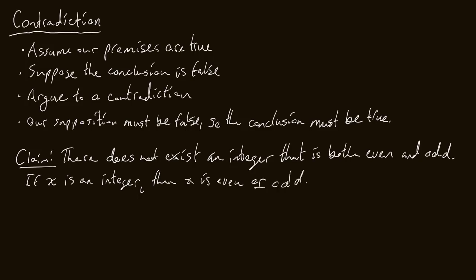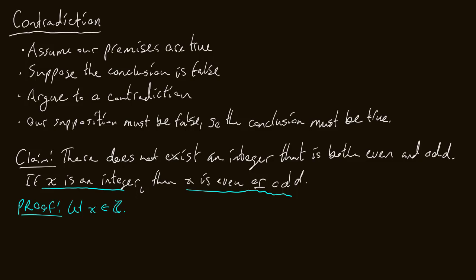So, for a proof by contradiction, and that's what we're going to do to prove this, how do we do that? Well, let's look at our outline from the beginning. Proof. We're going to assume our premises to be true. So let x be an integer. Suppose the conclusion is false. Our premise is that x is an integer, and our conclusion, x is even or odd, we're going to assume to be false.